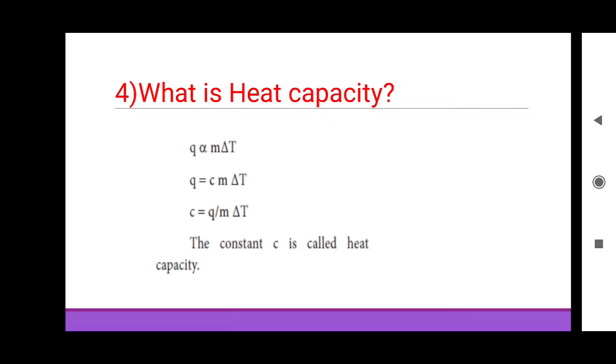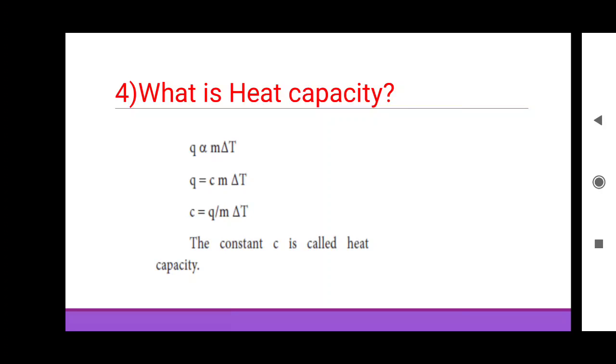So when a substance undergoes heating, we have to measure the initial temperature and the final temperature and multiply with the mass, which is directly proportional to the quantity of heat supplied to the system.